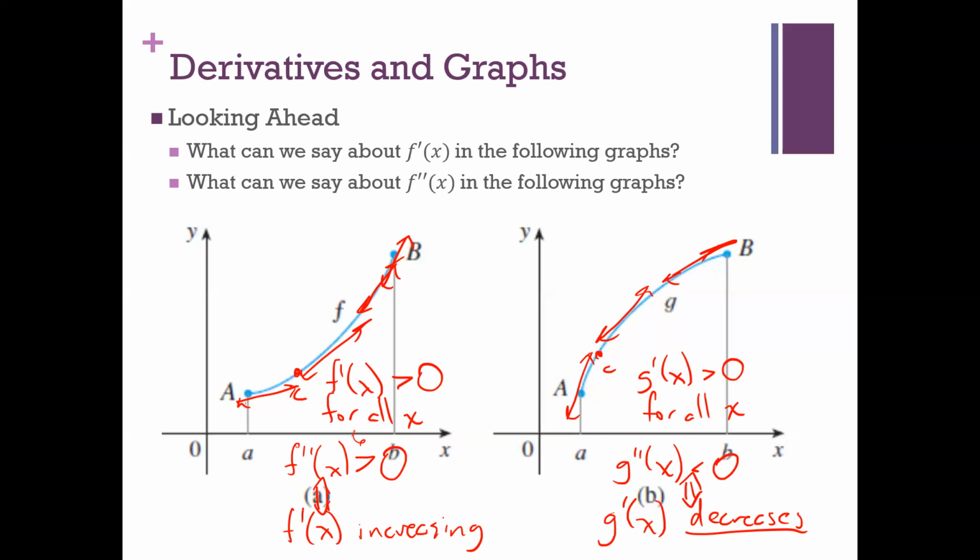And the reason I'm hitting back at the pronouns is now we have three functions that we're talking about, right? So I don't want to leave any of those ambiguous. But a couple ways to say it, like we said last week: f double prime is positive. Actually, you said f prime was positive, it might not be in general, but I think for this one it always is, right?